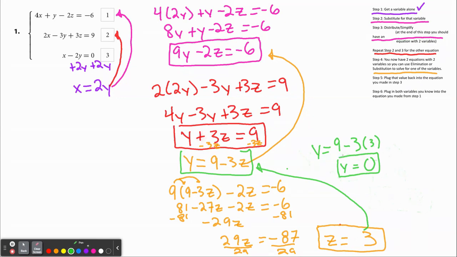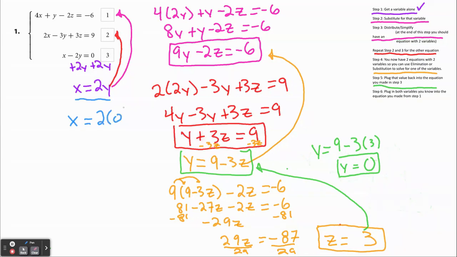And now I'm going to plug that in for my final step here. Our final step is we're going to plug both of them back in. Okay, this one we don't need to plug both in because we have x equals 2y over here. So I'm just going to plug in y. What I get is x equals 2 times y, and 2 times y is just going to be 0.